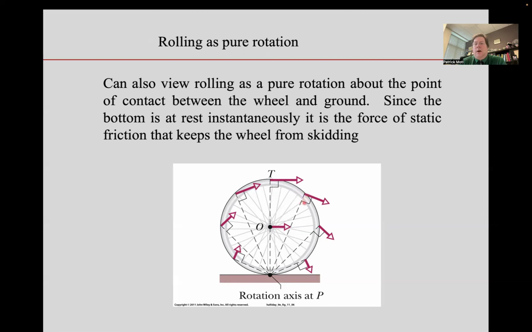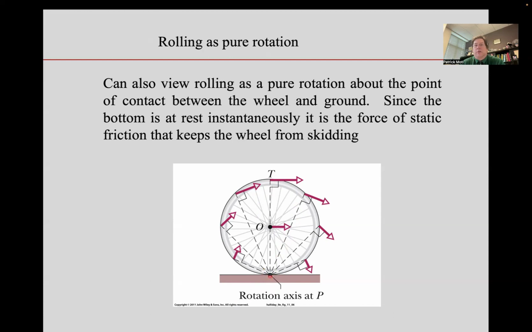The velocity vector is perpendicular to the position vector, and the length of the velocity vector is going to be equal to omega times the magnitude of this position vector. So the top of the wheel is moving fastest, and as I get closer to the rotation axis, it's going to be moving slower and slower and slower. And this point of contact between the wheel and the ground, just to emphasize again, is instantaneously at rest.